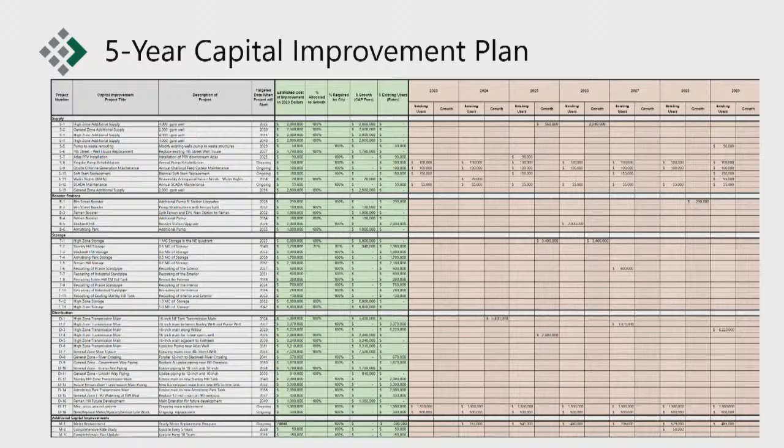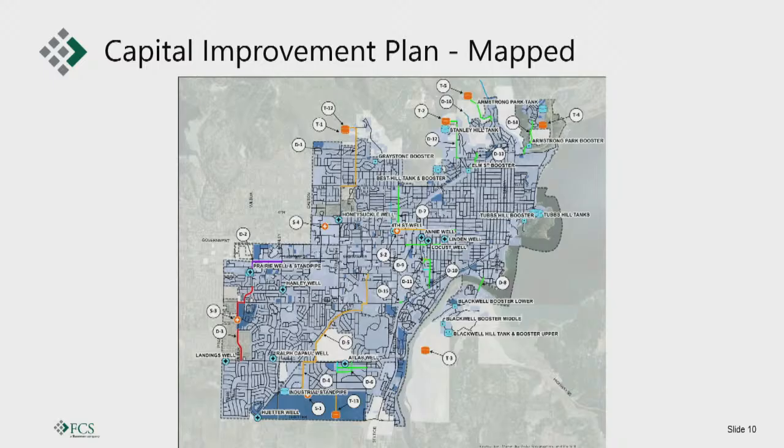As we move forward, each one of these projects refers back to the map. If you see something like S1, you can go to our plan map, which lays out on the picture where that project is located. So you can determine whether that's needed there or not as the city grows and maintenance is needed.